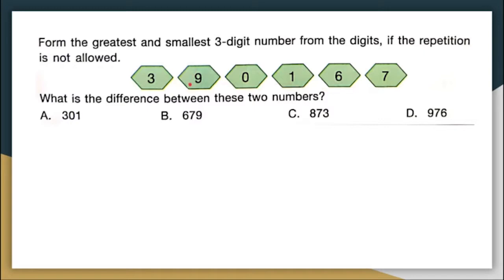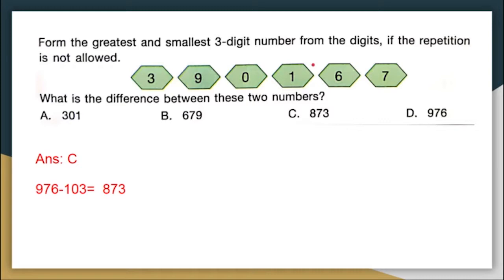To find it, take the biggest digit of all. Which is the biggest digit here? 9. The next biggest? 7. Next biggest? 6. So the greatest number that you can form is 976.